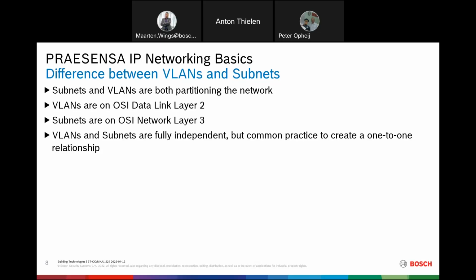But as you see, VLANs are on layer 2. That means on the Ethernet level, on the frame level, and subnets, that is layer 3. That's more the IP packet level that you talk about. So, you normally have them, you could in principle mix it up, but as a common practice, we have a one-to-one relationship.